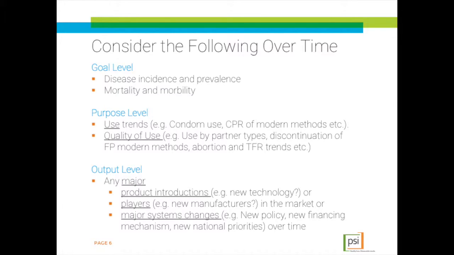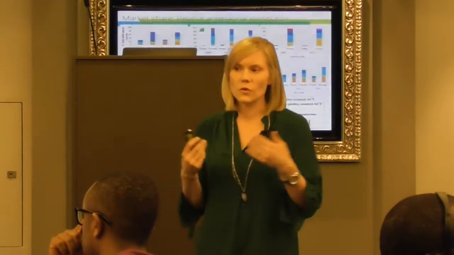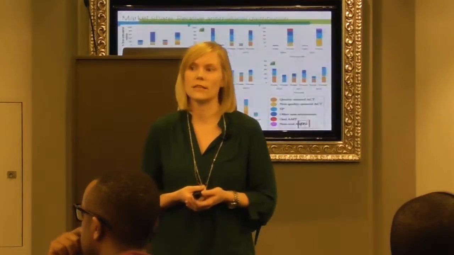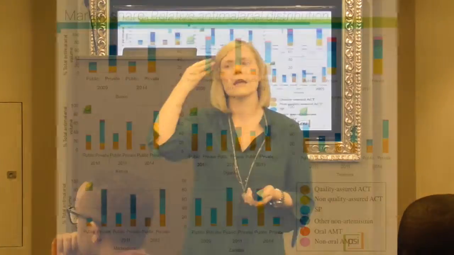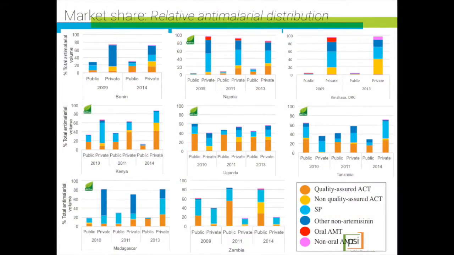where it's failed. So just to give you a visual of that, this is an example from ACT Watch, which is a long-standing anti-malarial market survey. And the reason we put this up here is because we get trend level data from ACT Watch. So surveys collected starting in, here we have 2009 up through 2014.